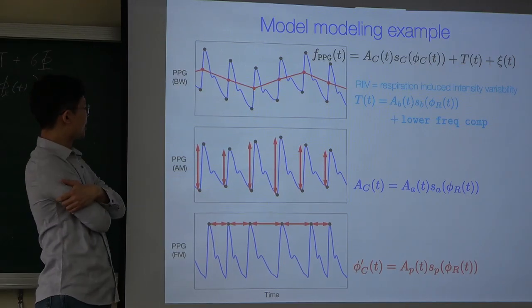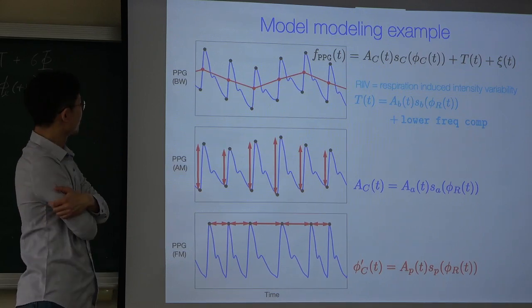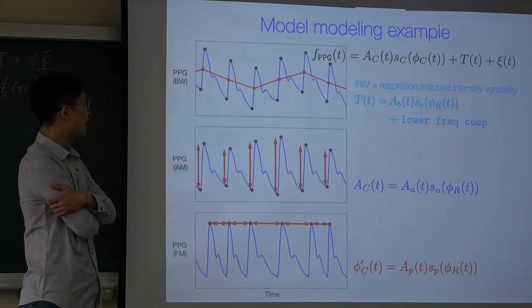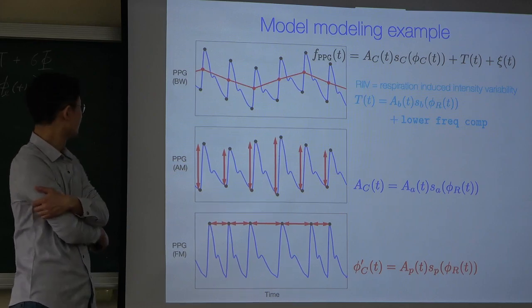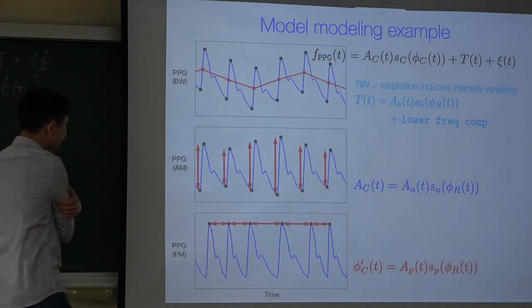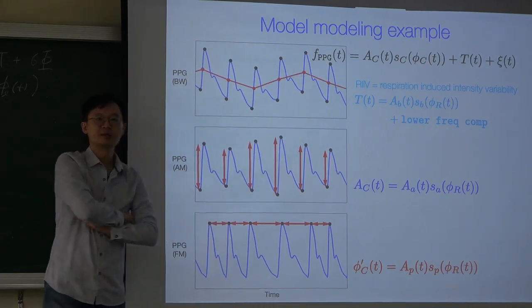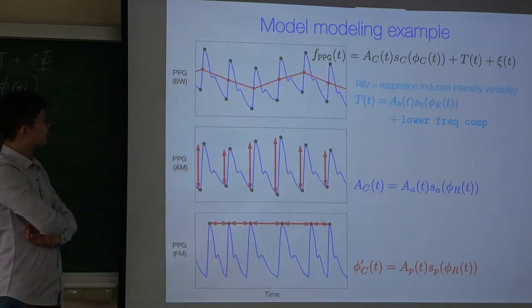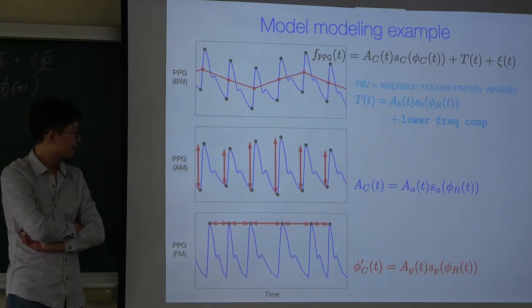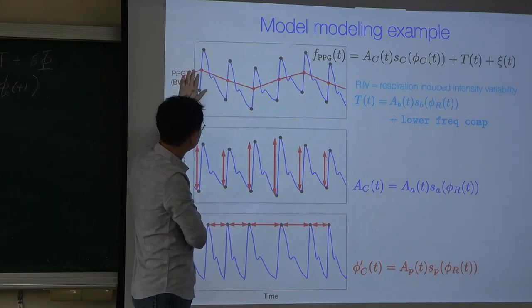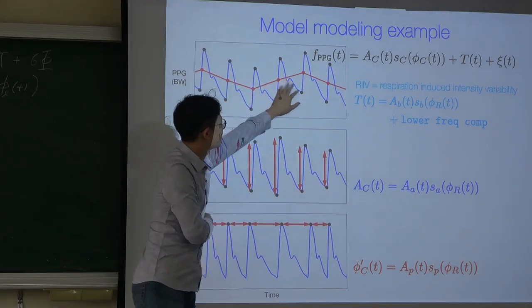And now this is an interesting topic, which is multiple component modeling of the PPG signal, photoplethysmography signal. On the left-hand side, I gave you 3 very basic ideas of how the PPG signal encodes the respiratory signal. The first one encodes the respiratory signal as a baseline wandering.